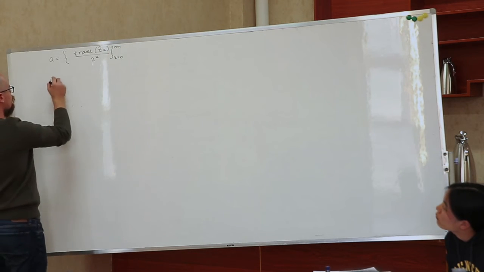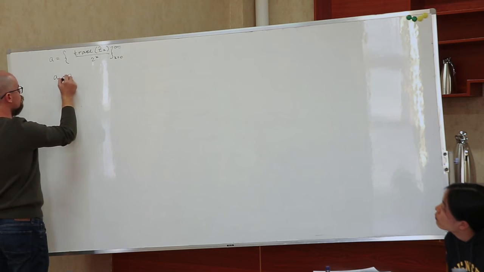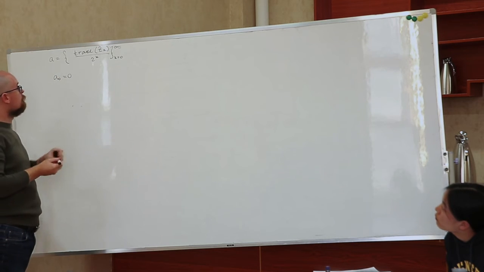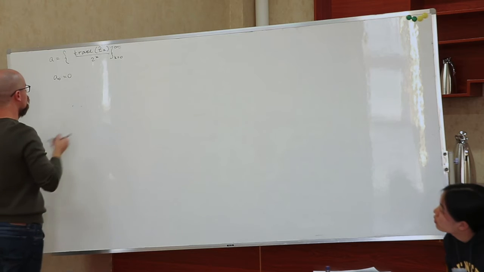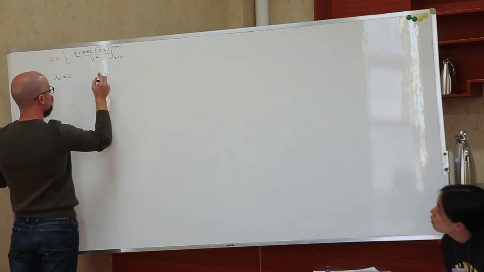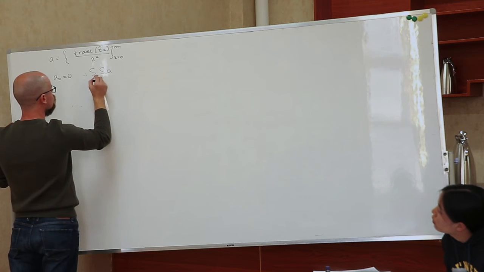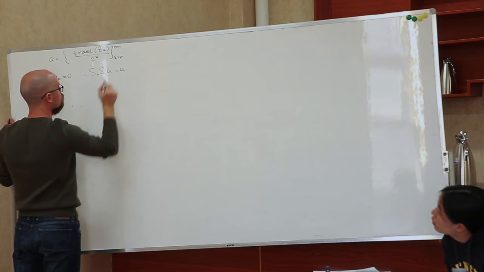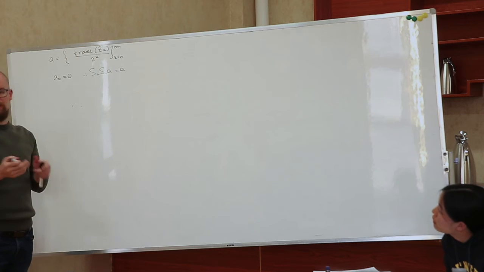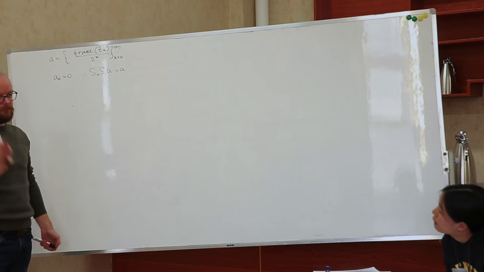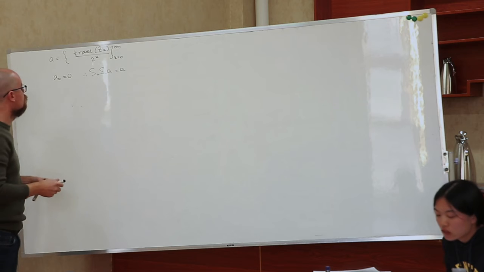So the first observation is that A_0 is 0, because Z_0 is 0. Therefore, if we take A and apply first S minus and then S plus, then we will get A itself. Because the first coordinate is 0, we remove it and then add 0.